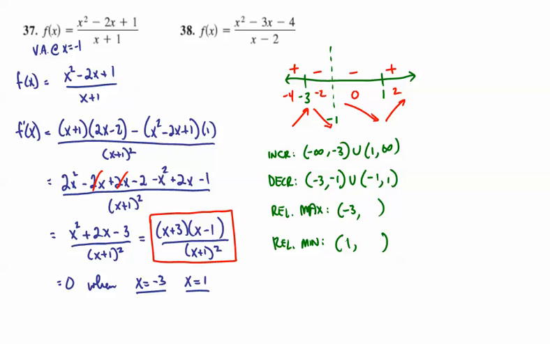Plugging into the original function, -3. So we would say f of -3, that's going to be 9 plus 6 is 15 plus 1 is 16 over -2, which would be -8.